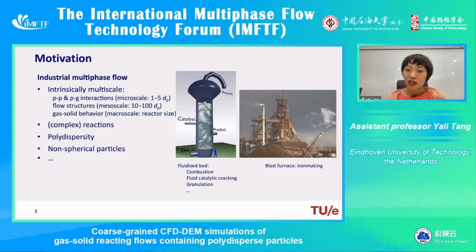The second example application is about blast furnace, which is a conventional reactor for making iron in steel making industries. And the multiphase flows encountered in such kind of applications usually is intrinsically multi-scale, meaning that the scale range from the particle size, usually about millimeter or even micrometers, up to the reactor size.